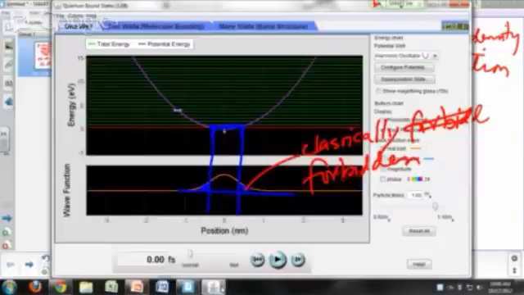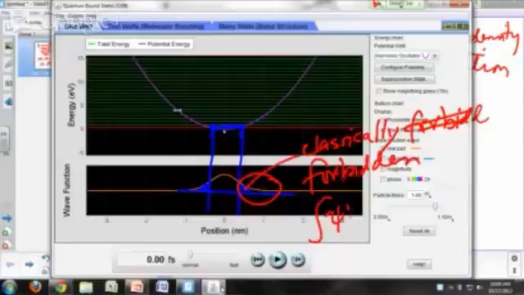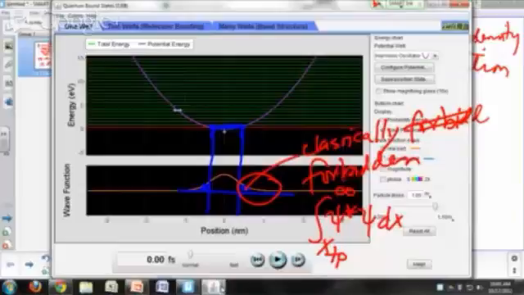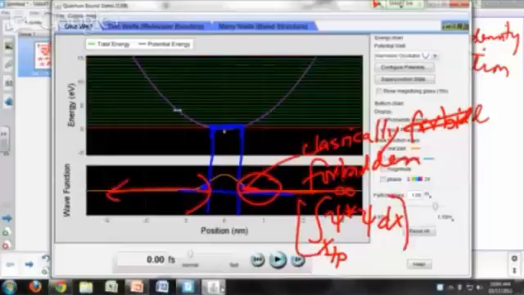So, how would you calculate the probability of finding the particle in that classically forbidden region? You just integrate psi star psi dx from the right turning point to x equals infinity. That's the probability of finding the particle from here to infinity. And then it should be the same value you get from the left turning point to negative infinity by symmetry. So you just multiply that by 2. That would be the probability of finding the particle in the classically forbidden region.